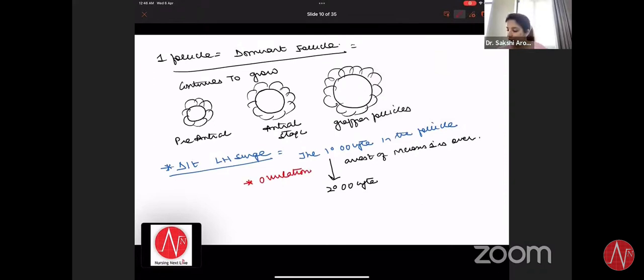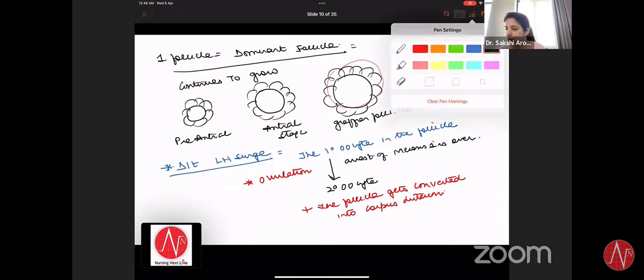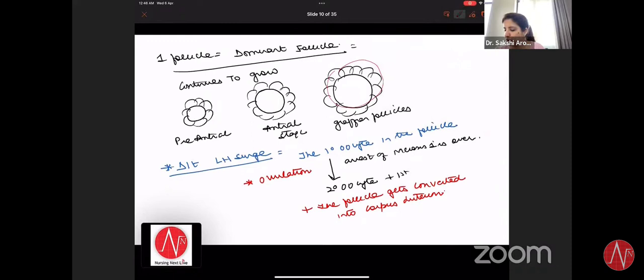And plus what is going to happen? The follicle that remained gets converted into corpus luteum. Corpus luteum. Right? So the primary oocyte got converted into secondary oocyte, and obviously the first polar body will be released.